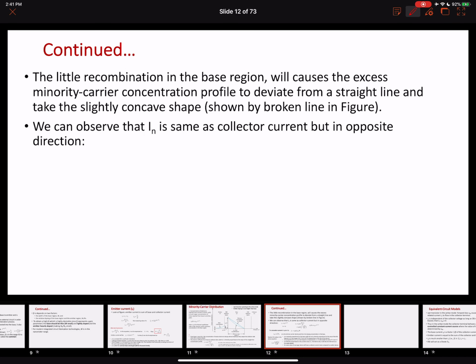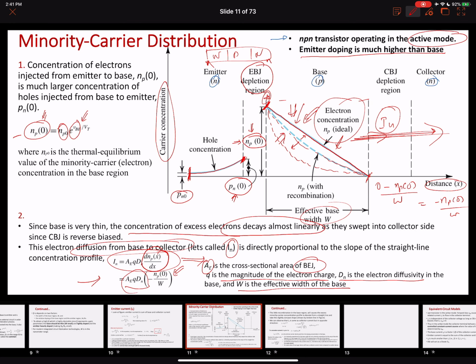Another important thing to look at is this IN, the electrons diffused from the base to the collector. This is essentially the same as the collector current except for the direction. So I can write that my collector current will be the minus of IN.